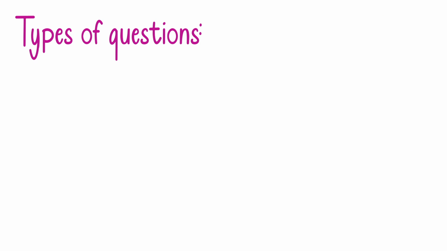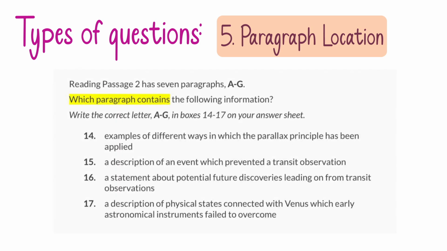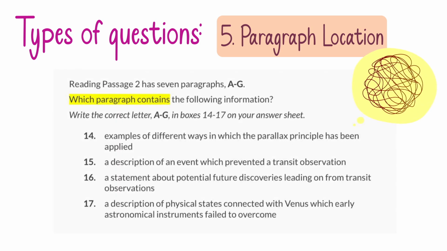And the last question type is paragraph location, which is the most difficult question type in IELTS reading. In a paragraph location, you will be given maybe 4, 3, or 5 sentences, and you have to find the exact paragraph that contains the following information. Later, we'll talk about this question type more, but as I said before, if you want to get 8 or 8.5, you can answer this part.